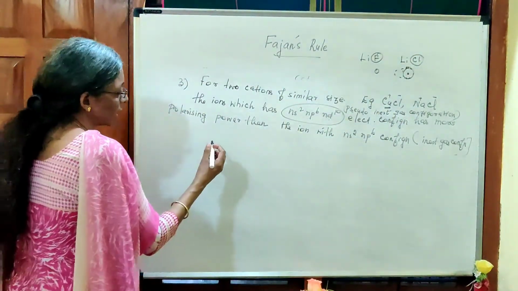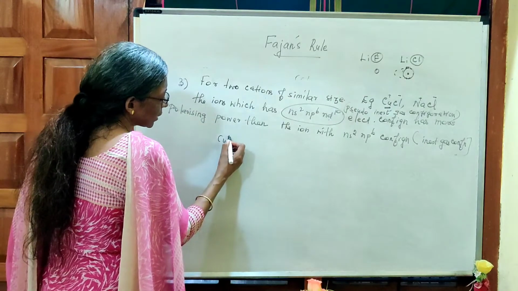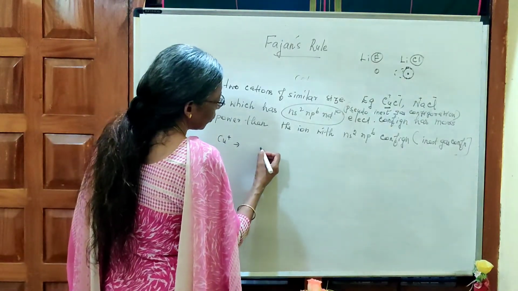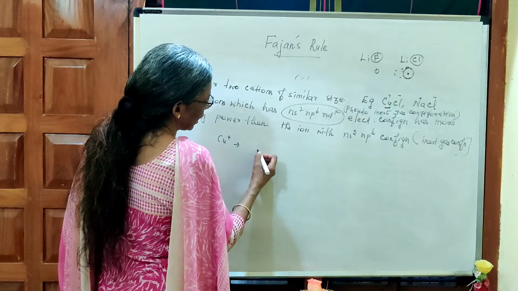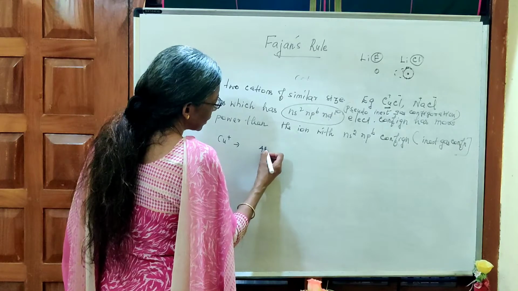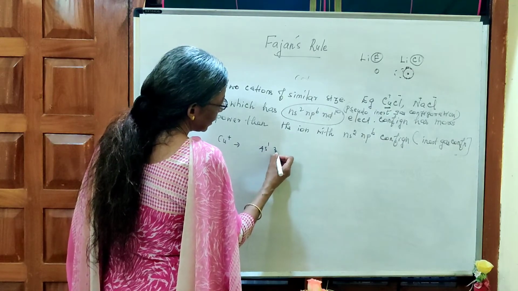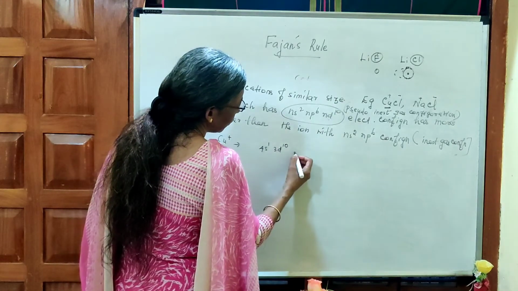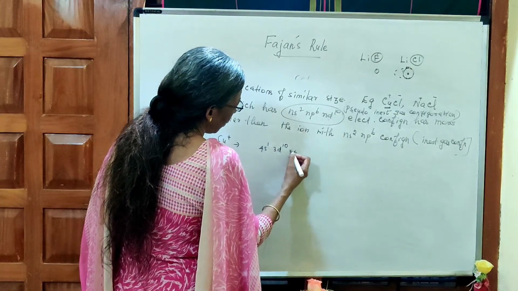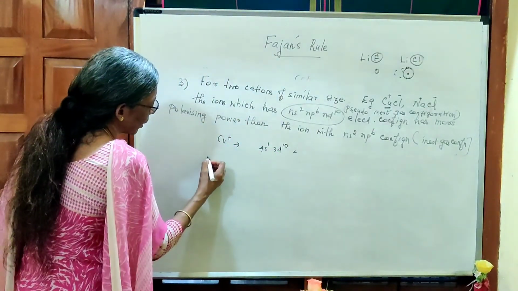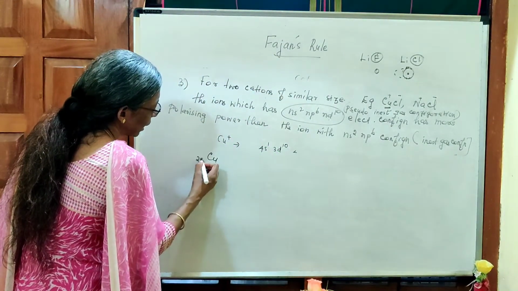So this is Cu plus. How will you write the electronic configuration of copper? The atomic number of copper is 29.